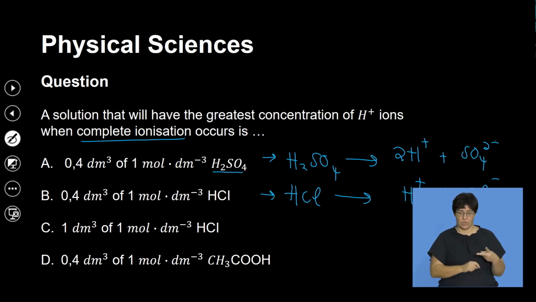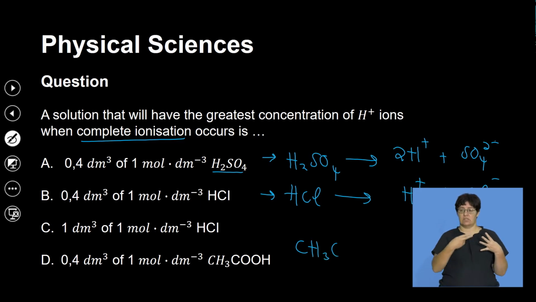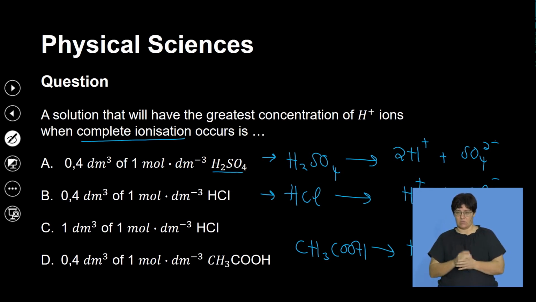But then also we have another one. This ethanoic acid, CH3COOH, will also give us 1 for every mole that dissociates. So we need to pay attention to that. So here, if we want a higher concentration, we'll look at these options because it says the greatest of them all. So we need the one that will have the greatest.